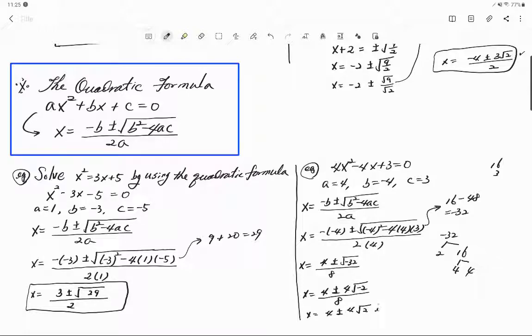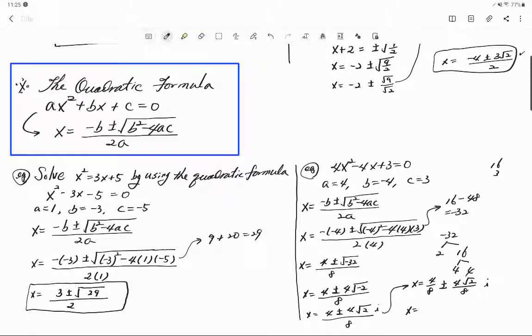Over 8. So from here, x equals, you can separate the numerator, so 4 over 8, plus or minus 4 square root of 2 over 8 i.